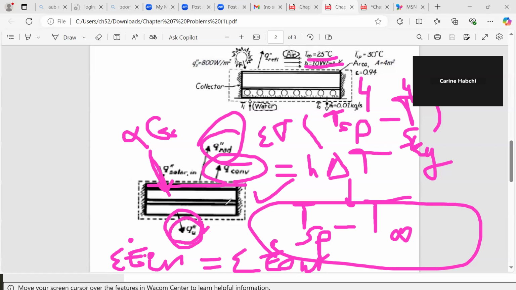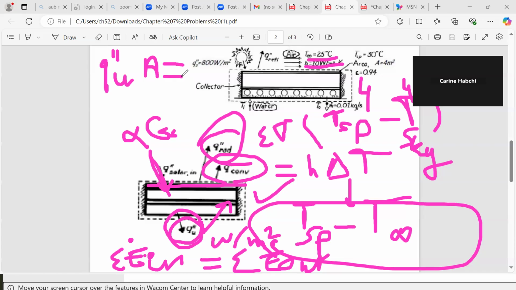Okay? So we can say that this is what I want. I want to try to increase this as much as possible. This is the useful energy that I can extract from my solar collector. So this is in watt per meter square. If I want to have it in watt, I just have to multiply by the area. So if I do Q second useful times the area of my collector, what do I get?